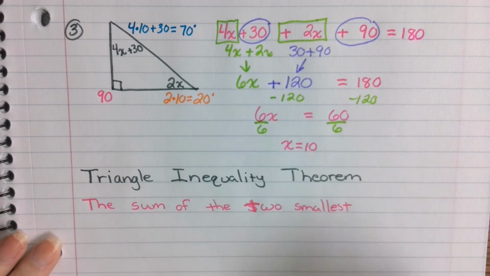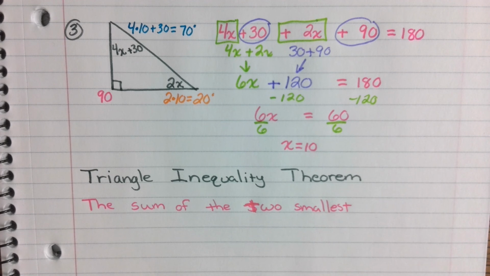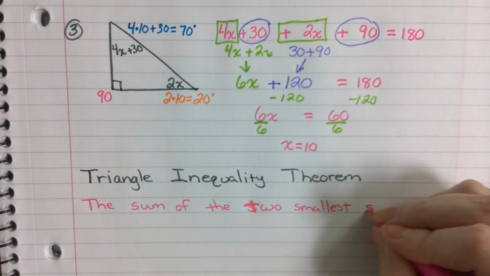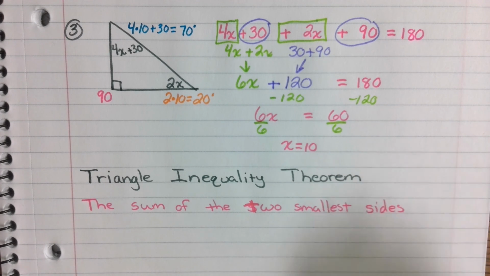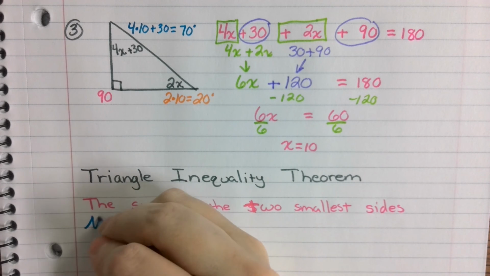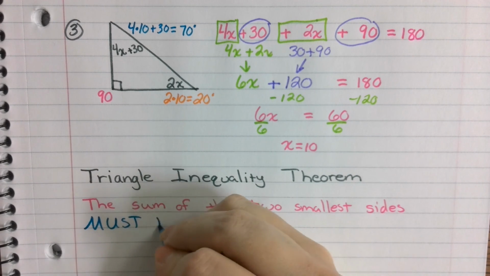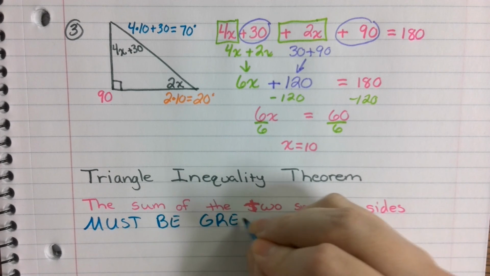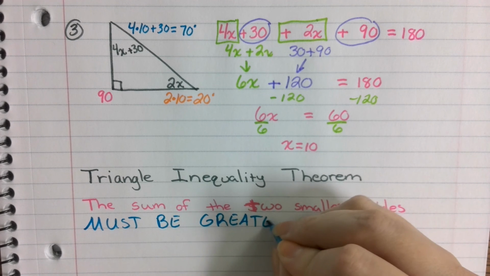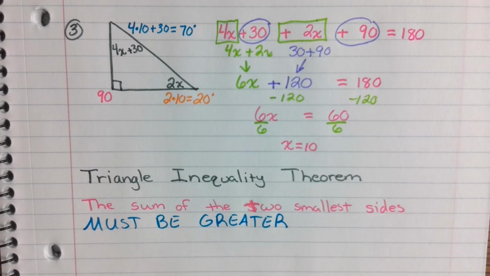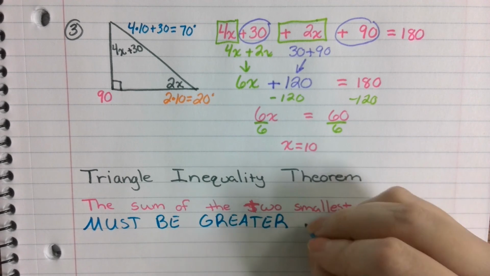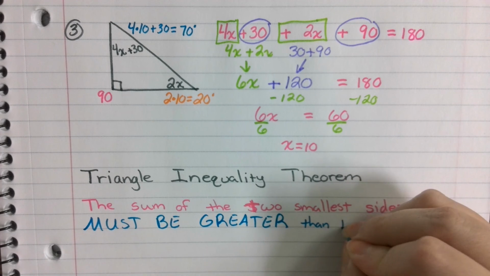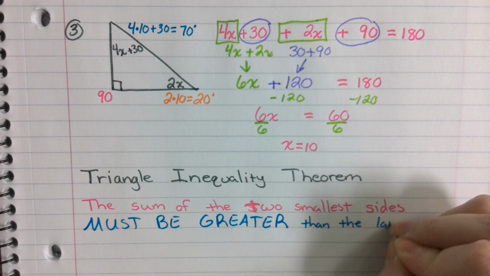not angles, we're talking about sides. The 2 smallest sides must be greater, not equal to, not less than, it must be greater than the largest side.